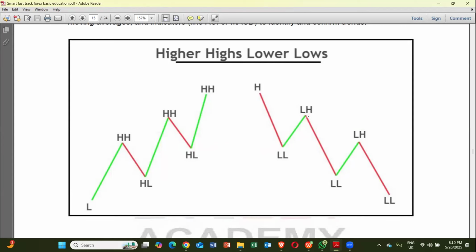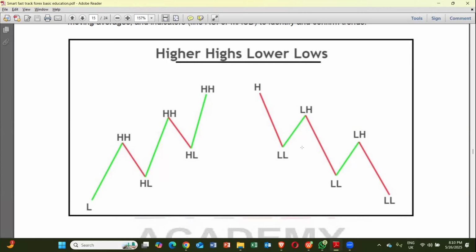Then it breaks this previous low and creates a new low, called a lower low because it's lower than the previous low. Then it pushed up again, creating another leg up, which is a lower high, because this high is lower than the previous high. That's why it is termed lower high, lower low, and so on.